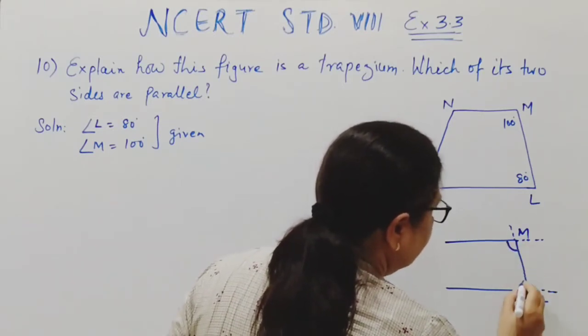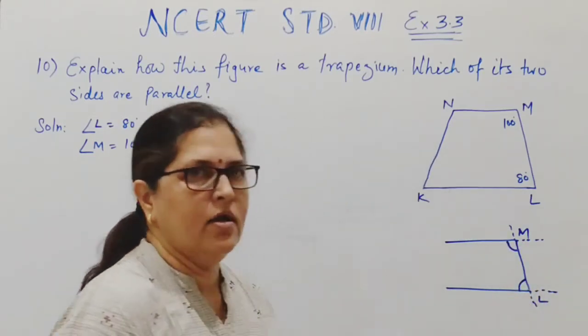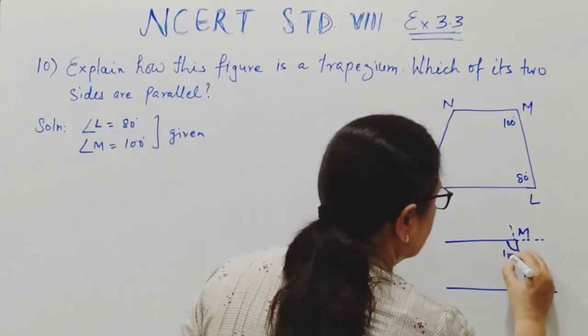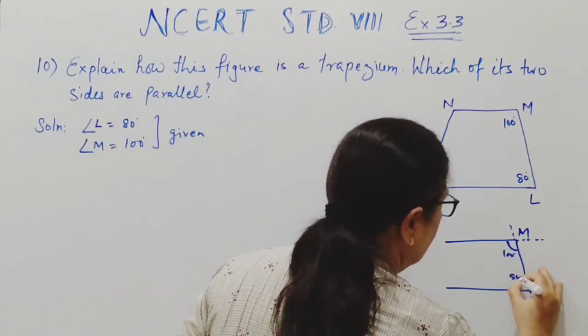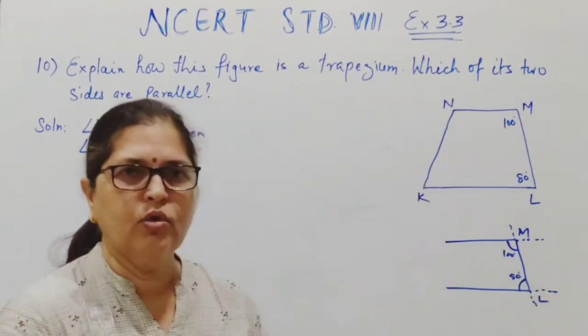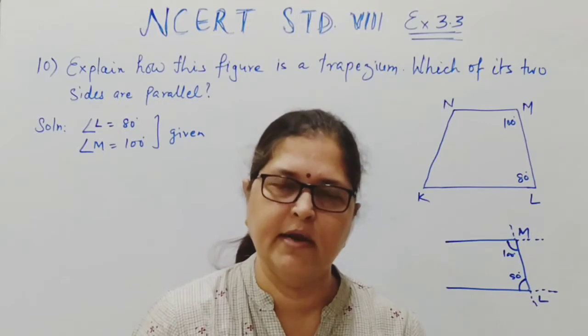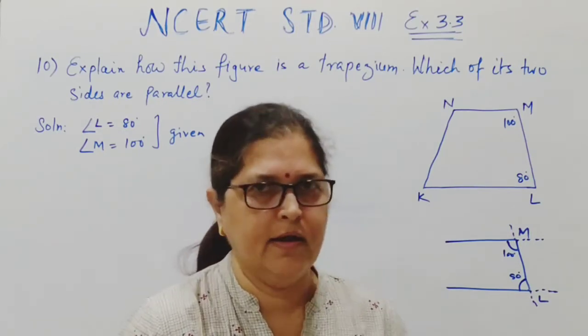So these two angles are forming a pair of co-interior angles. And we know that when co-interior angles are supplementary, means their sum is 180 degree, lines are parallel.